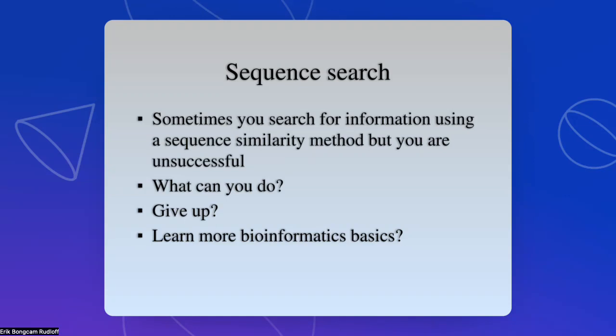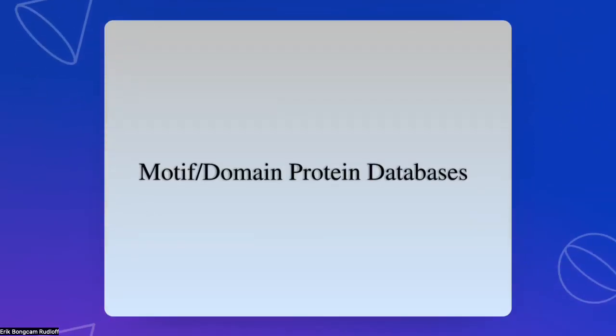Well, I would say don't give up. There are hundreds of beautiful bioinformatics tools. Of course, they're much more complicated, demand more of you, but you can get much more information from them. Some simple ones are that you can search motif and domain protein databases. What does it mean?